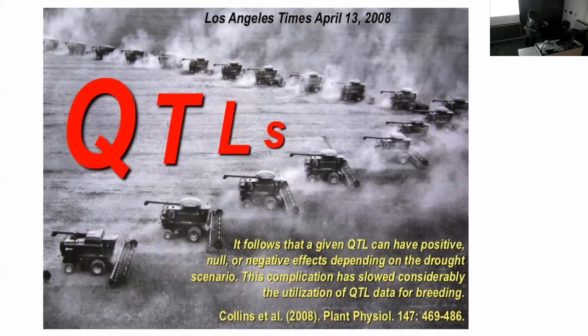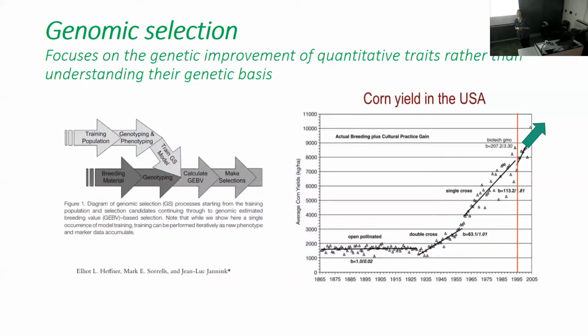So you can imagine that everyone was extremely excited when genomic selection came on the scene and started to make waves. And we started to see that we could make a real impact with genomic selection. Genomic selection doesn't try to understand the underlying genes of quantitative traits. It just is there to improve the trait. So you have your training population, which has been phenotyped and genotyped.